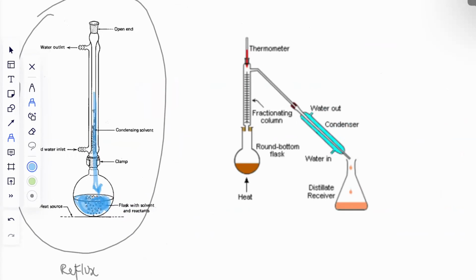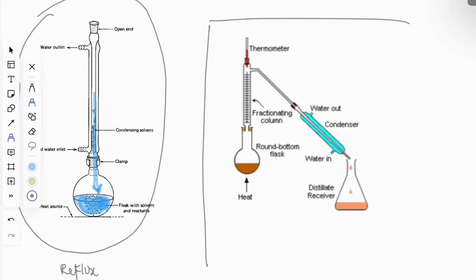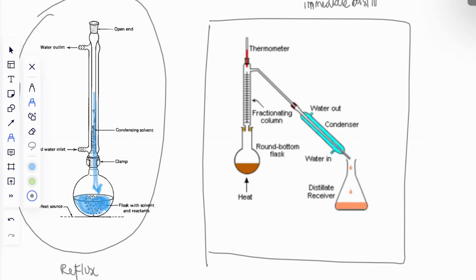What if you want aldehyde? Then you use this process, called distillation.